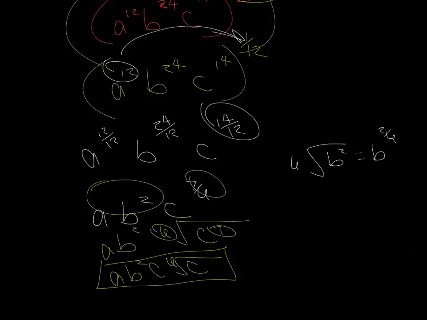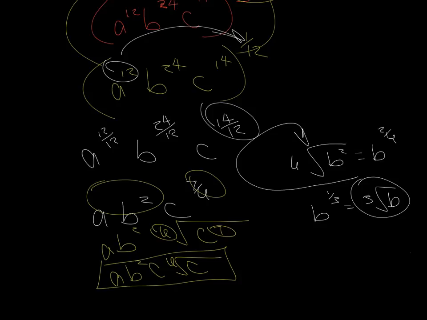And then if you reduce that, you have b to the 1/3, and if you change it back to a radical, that gives you the cubed root of b. That is a lot simpler than that is. And all it takes is being able to switch it from a radical to an exponent and then switch that answer back to a radical again. Alright? Anyway, that is the 9.3 problem set.